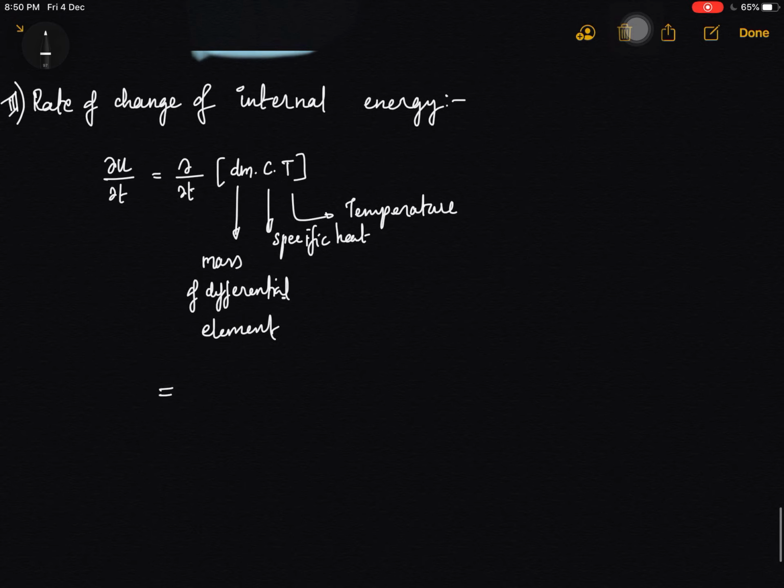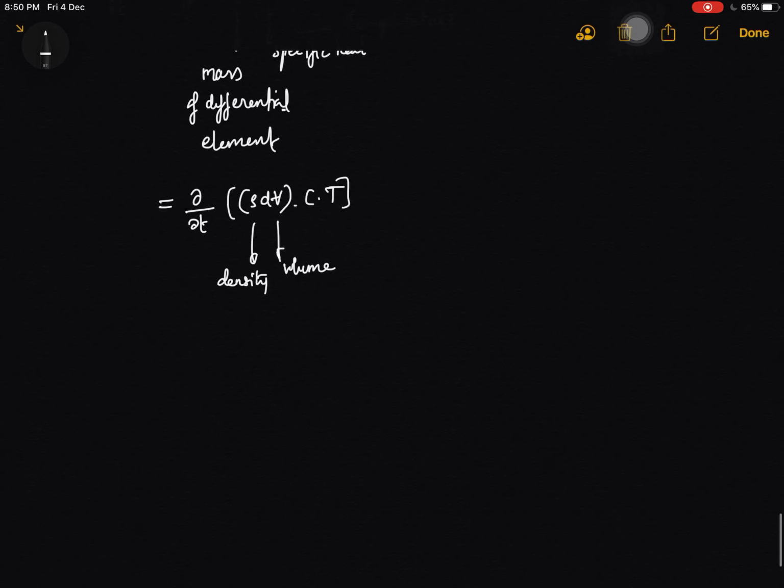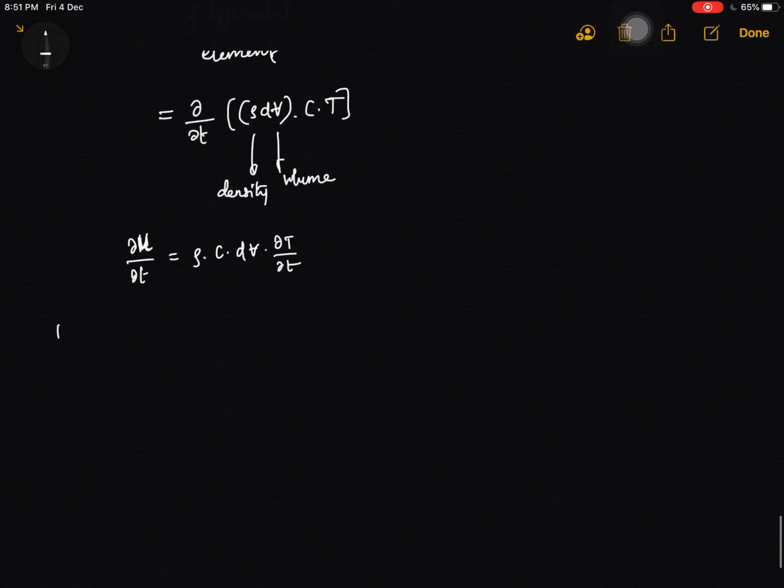So we can write ∂U/∂t as ∂/∂t of rho into dv into c into T, where rho is the density, dv is the volume of the element that we considered, and c and T are the specific heat and temperature. This U is the capital letter U, please note, and it will be equal to rho into c into dv into ∂T/∂t.